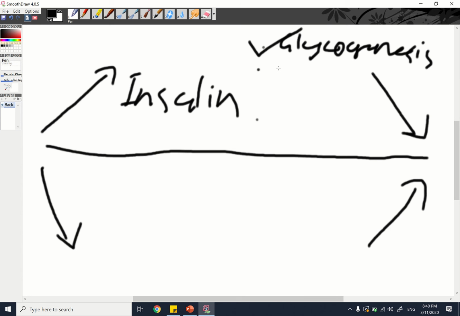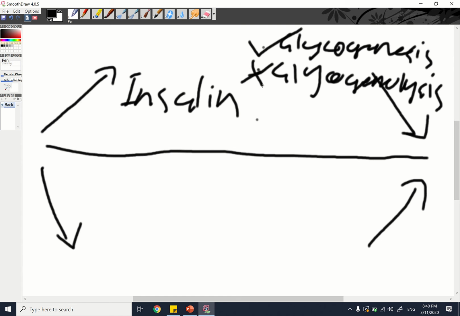The opposite of glycogenesis is called glycogenolysis. And this is the breaking up of glycogen into glucose. And you don't want that. You don't want this when there is too much glucose already in your bloodstream. And the third one is the one with the confusing name.